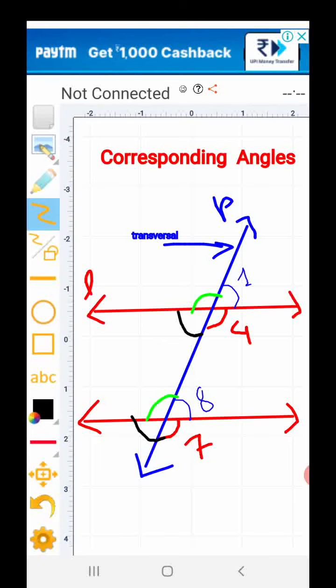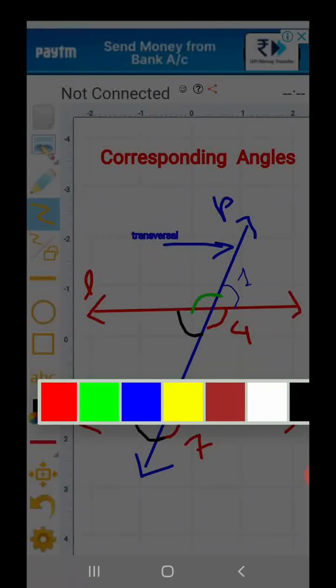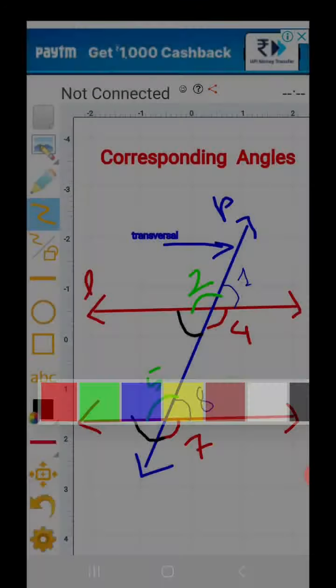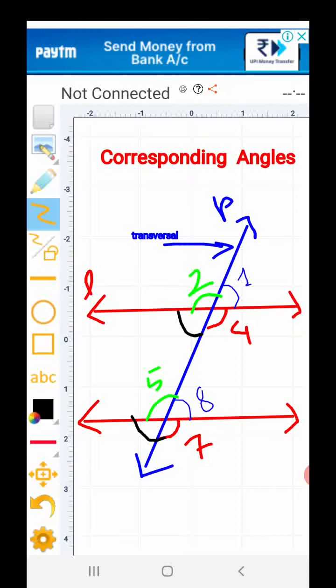I give the names: this one is 2 and this one is 5, and this is 3 and this is 6. So 1 and 8 are a pair of corresponding angles. 4 and 7 are another pair of corresponding angles. 2 and 5, 3 and 6. All these are corresponding angles.